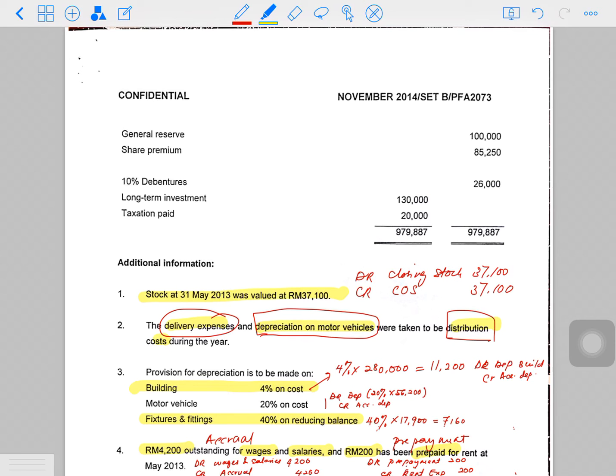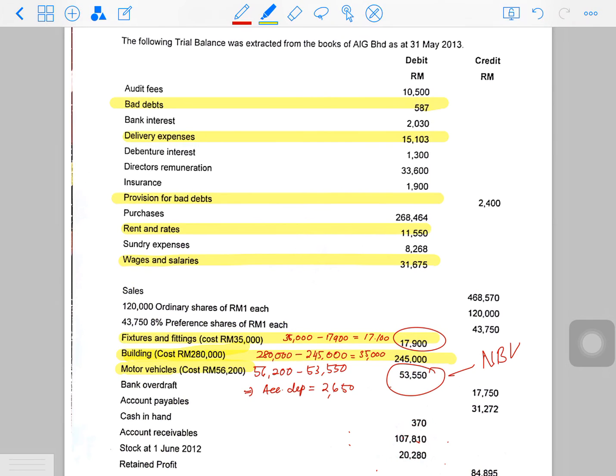Here they mention bad debts to be increased to 2,900. Is there any other account? Oh, sorry. You have an account called provision for doubtful debt. Okay, provision for doubtful debt.